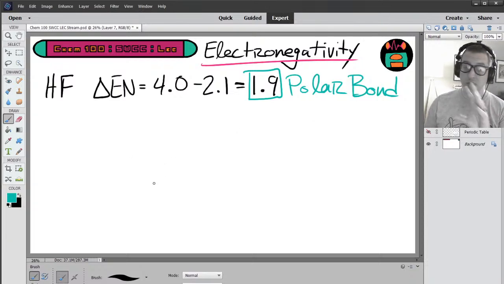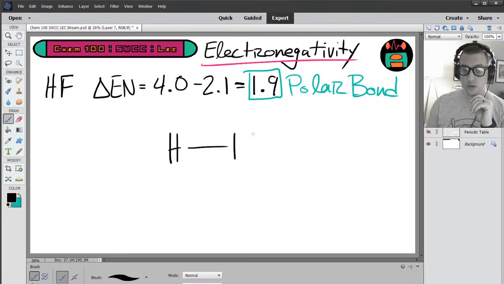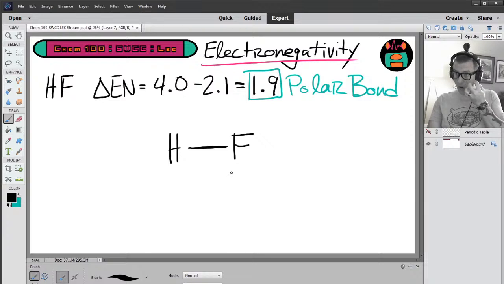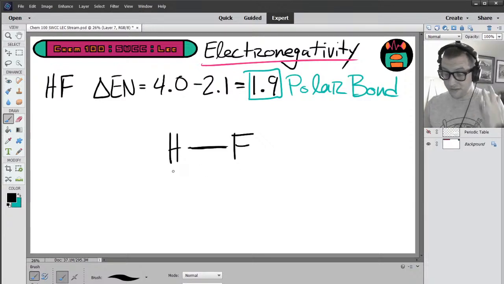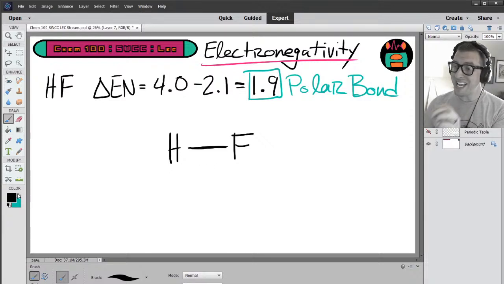That means that the electrons like to spend more time around fluorine than they do around hydrogen. All right, the two electrons in this bond spend more time around fluorine because fluorine is pulling harder on them than hydrogen, right? Fluorine's more electronegative. And what that does is it creates an uneven distribution of electrons.